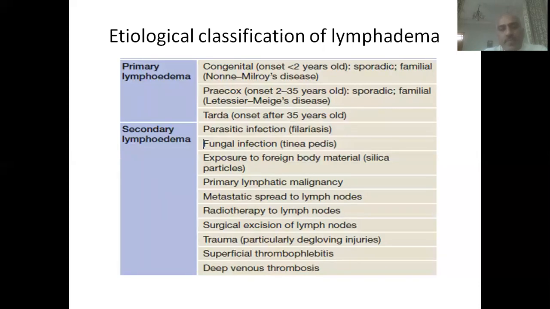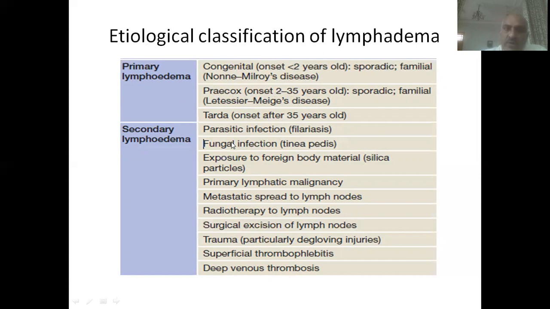Primary is again divided into two types: congenital and praecox. Congenital is up to the age of 2 years and praecox up to the age of 35 years. Any lymphedema in which no other cause is found is mostly due to congenital reasons.